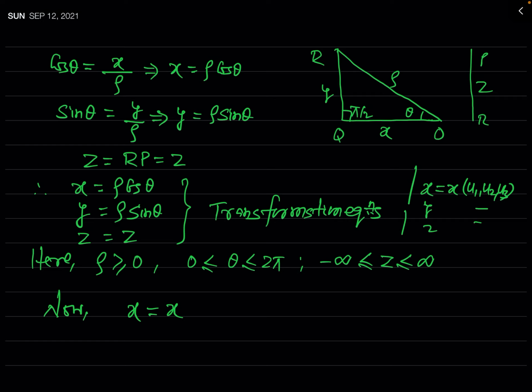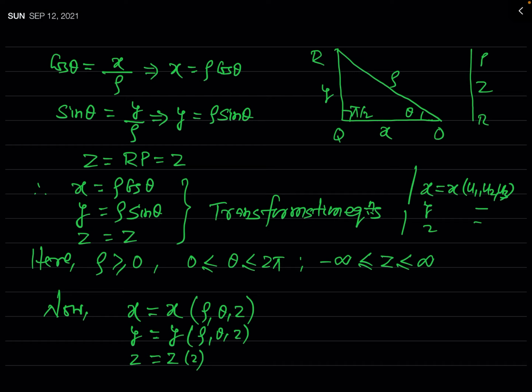So here x is a function of rho, theta, and z, because here u1 is equal to rho, u2 equal to theta, and u3 equal to z. Similarly, y is also a function of rho, theta, and z. But z will be a function of only z, because the z coordinate is the same as that of the Cartesian coordinate system.